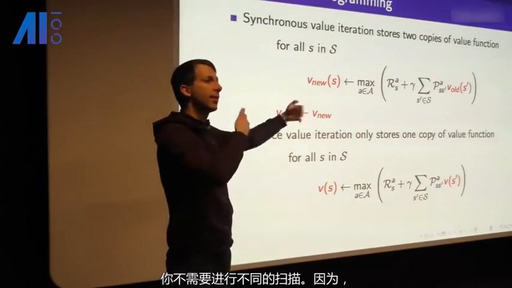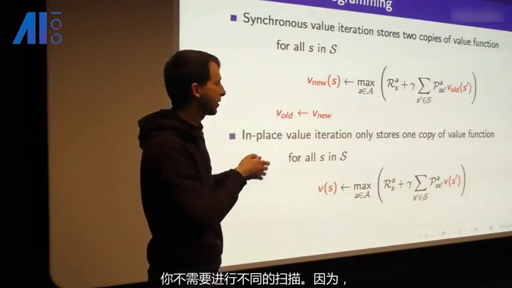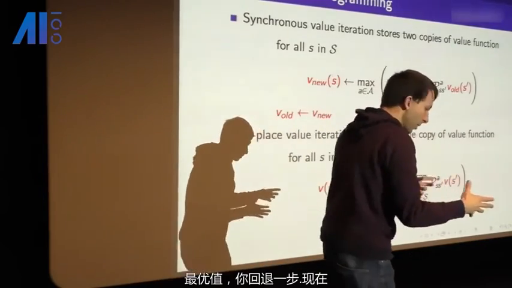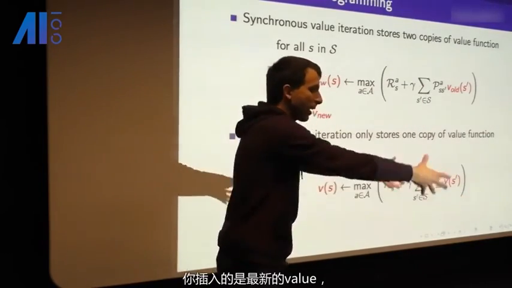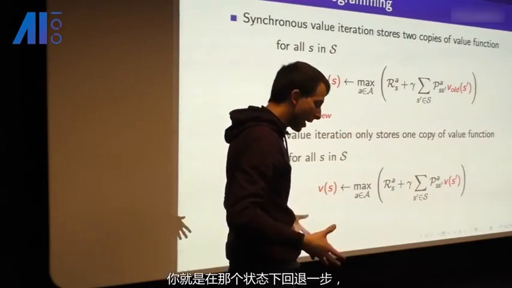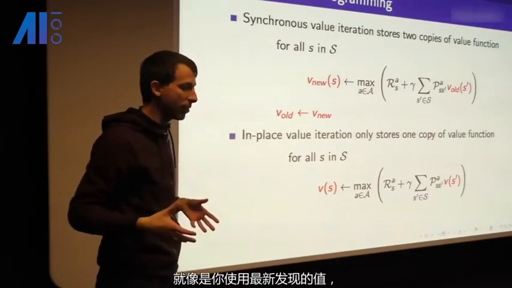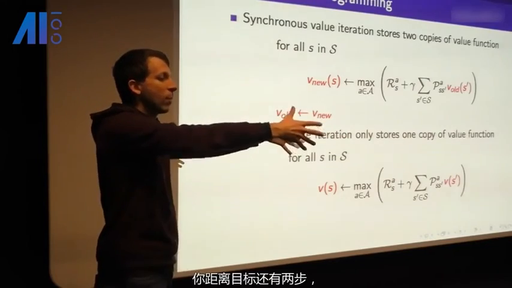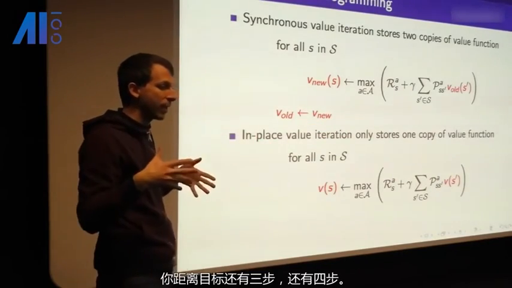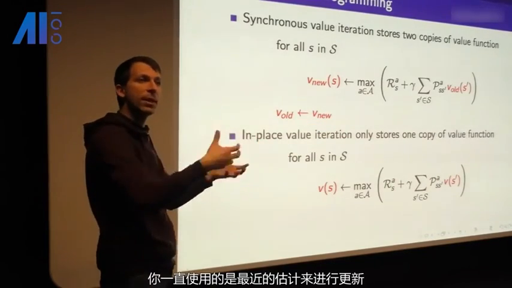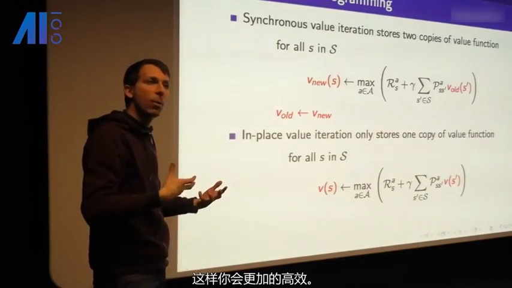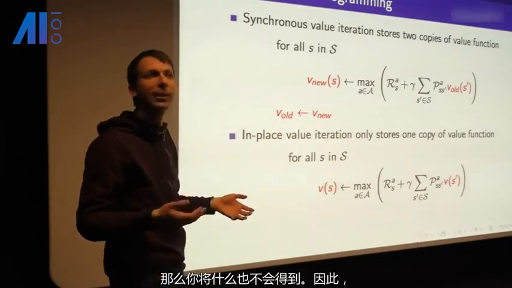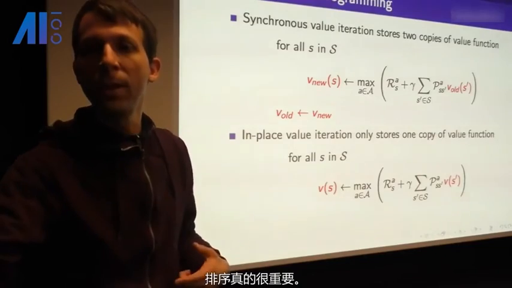You don't need n different sweeps, because you start at the goal, figure out the optimal value of the goal, step back one, and plug in your latest value there. You use that, step back one state, use your latest value, so you're realizing that you're one step away from the goal, then 2 steps, then 3 steps, then 4 steps, always using your last estimate to update it, so you can be much, much more efficient. If you swept through it the other way, you wouldn't gain anything. So the ordering really matters.